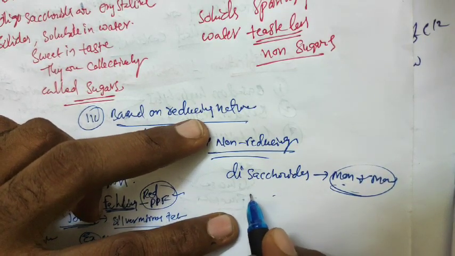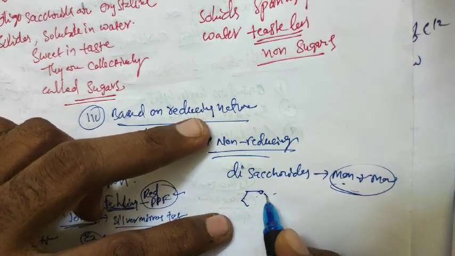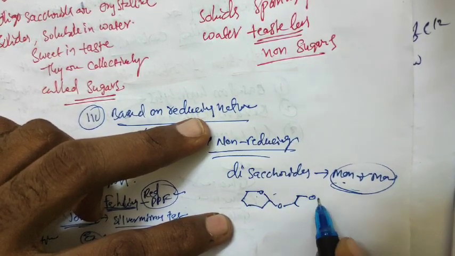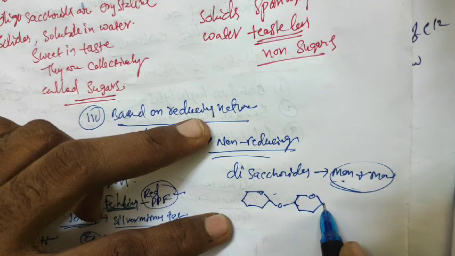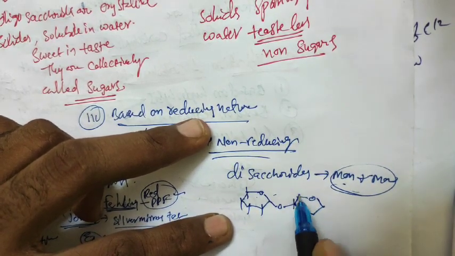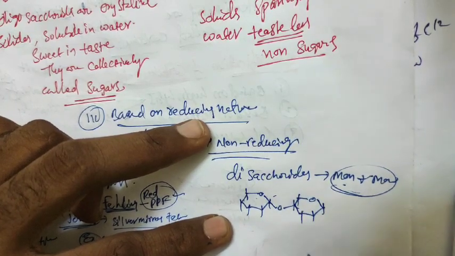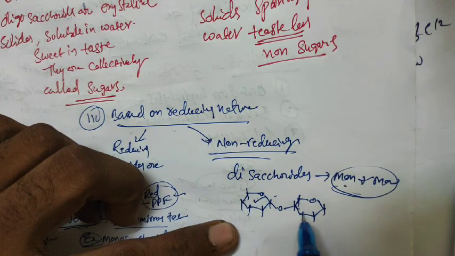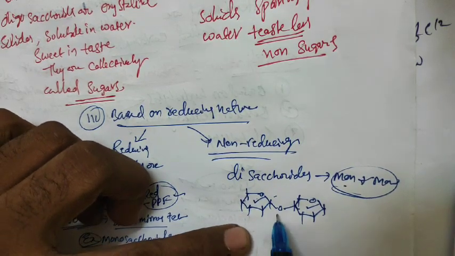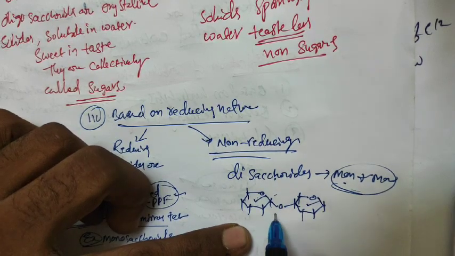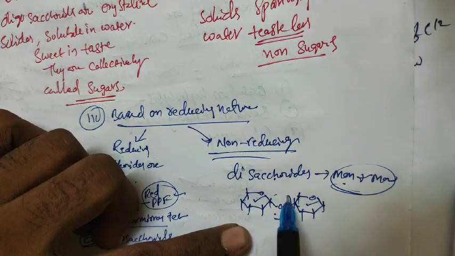For example, I will write it like this: one monosaccharide bonded with another. After this chapter you can understand what I wrote. A disaccharide gives two monosaccharides under hydrolysis, and it is non-reducing because of this linkage.